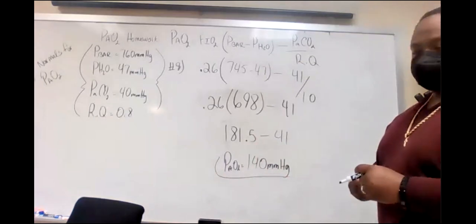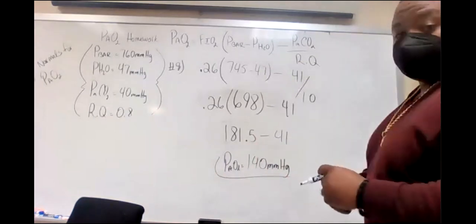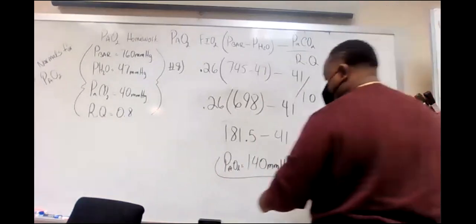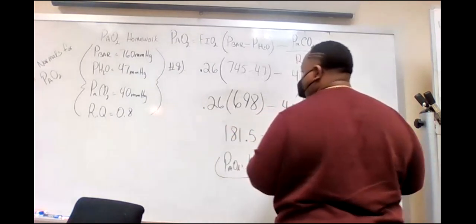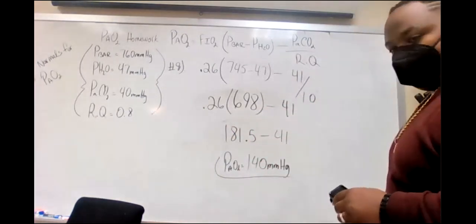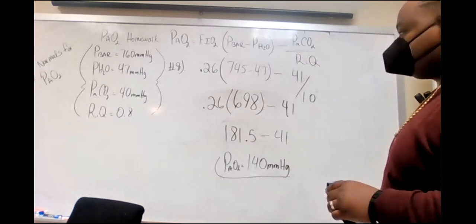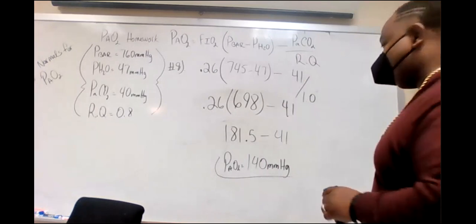The one I was talking about earlier was number 4. There it was 304, but I got 306.5. That's fine. It just depends on how far you use the decimal. So that was number 9.